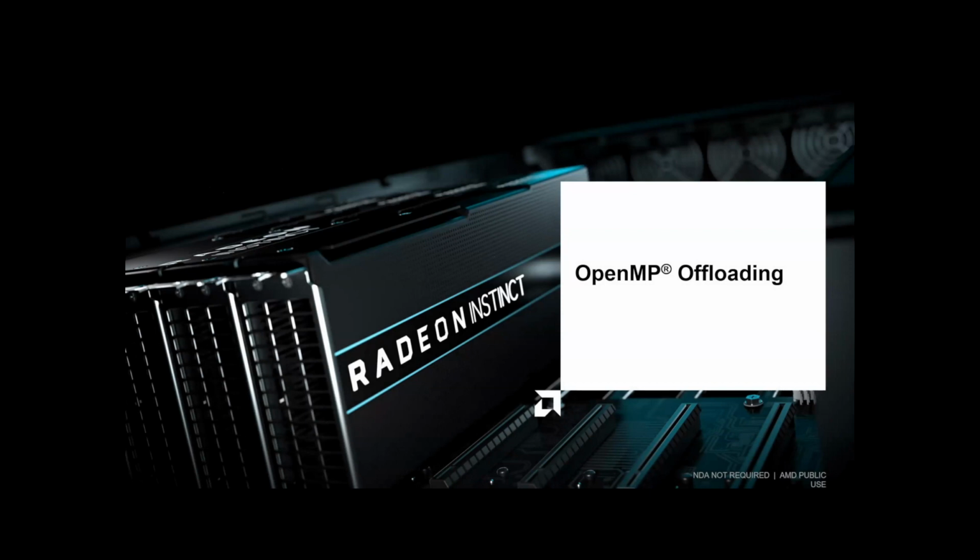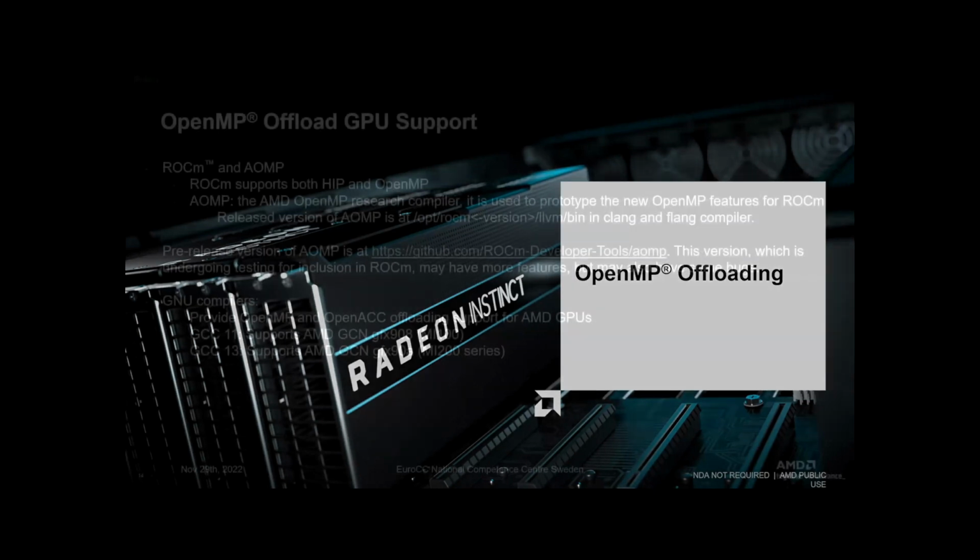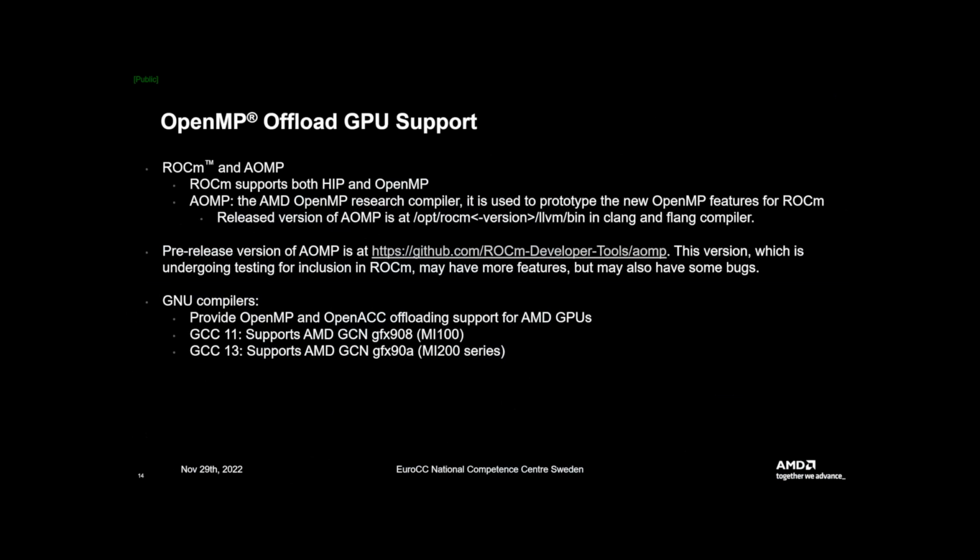So we've talked a little bit about this for all languages. In this presentation, we're going to talk a little bit about the Siemens compiler and what support is available. So ROCm has what is called the AOMP compiler, which is the AMD OpenMP compiler.